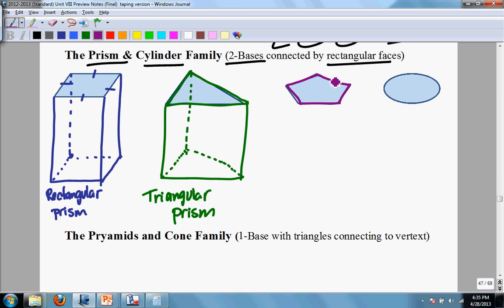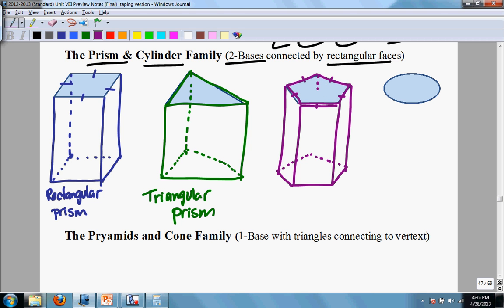Trace that base. This is a regular pentagon. So pull this down. There's your edging that matches right here. Let's walk it around. And then these two edgings cannot be seen, so we're going to dot them. And then this last back edging also cannot be seen.